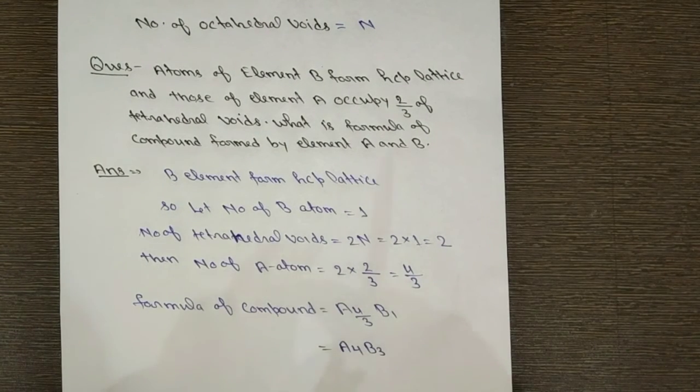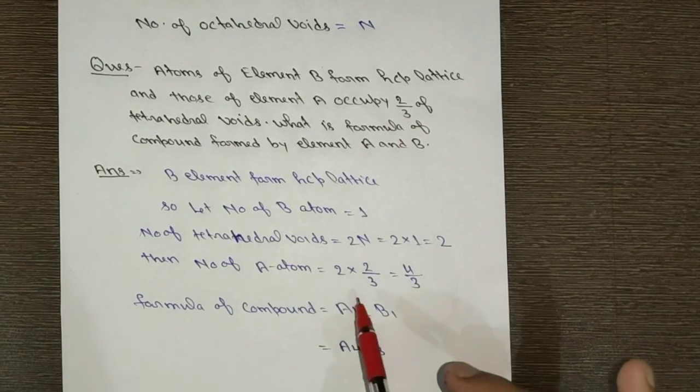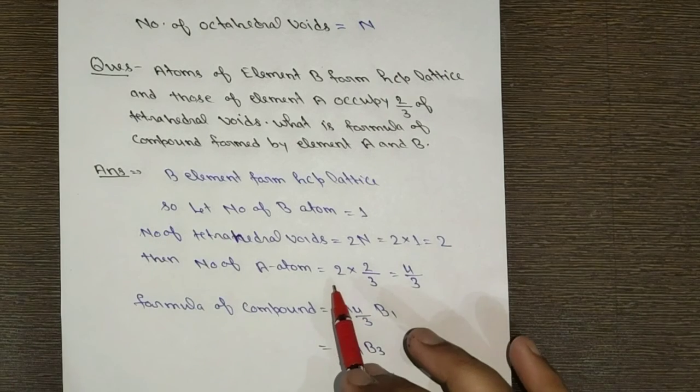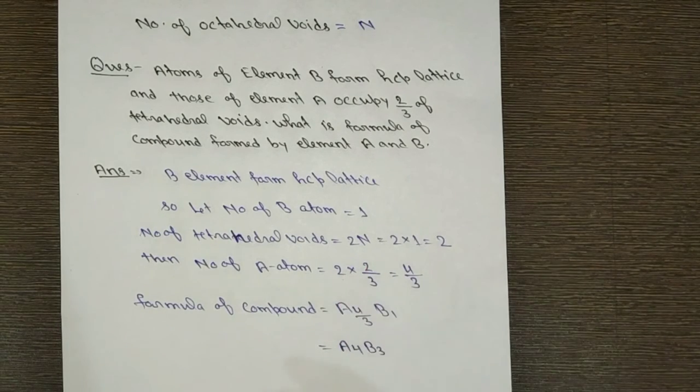Now here, one A atom occupies, that means one atom of element A occupies 2/3 of the tetrahedral voids. That means one atom of element A covers only 2/3 portion of the tetrahedral voids. So we need the number of A atoms. Then we calculate the number of A atoms by multiplying the number of voids and the covered portion. Then the number of A atoms equals 2 into 2/3, equals 4/3.